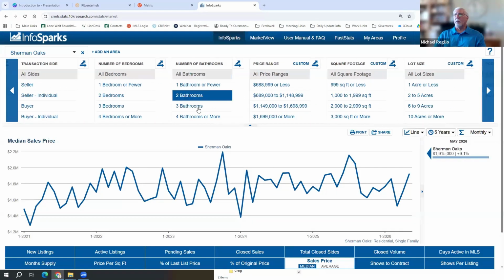Number of bathrooms, never important until it's important. Again, if you're looking at how do 3-bedroom 1 baths do compared to 3-bedroom 2 baths, you can filter by bathrooms.